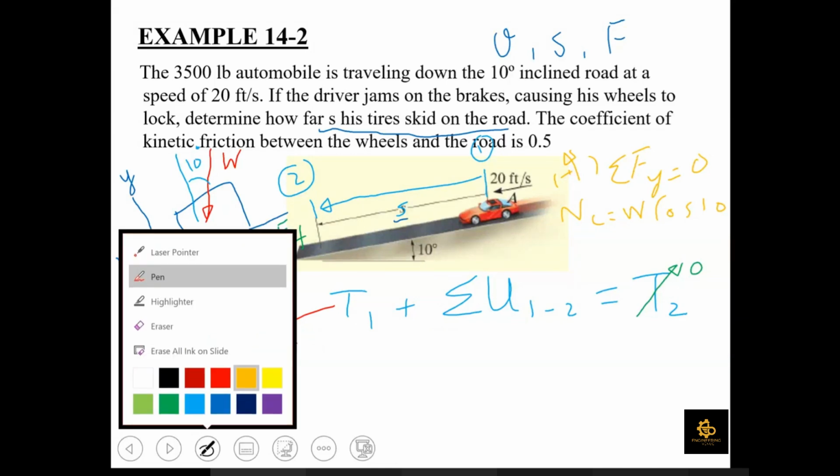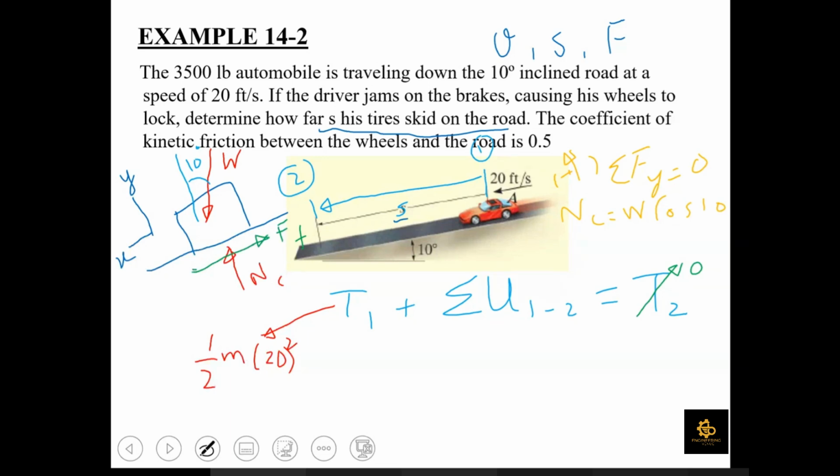Okay, now coming to the forces which are going to be involved in this summation U 1 to 2 work done. कौन सी forces work done की तरफ contribute कर रही होंगी अगर मैं फ्री बॉडी डायग्राम को देखूं? फोर्स ऑफ फ्रिक्शन और वेट. NC के हवाले से क्या ख्याल है? सर वो तो perpendicular है motion. So there are only two forces that will be contributing to in this work done term.